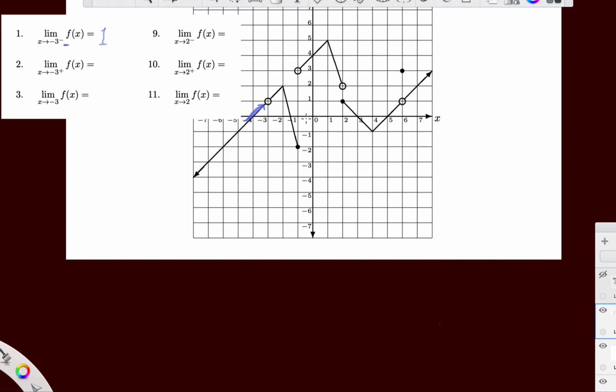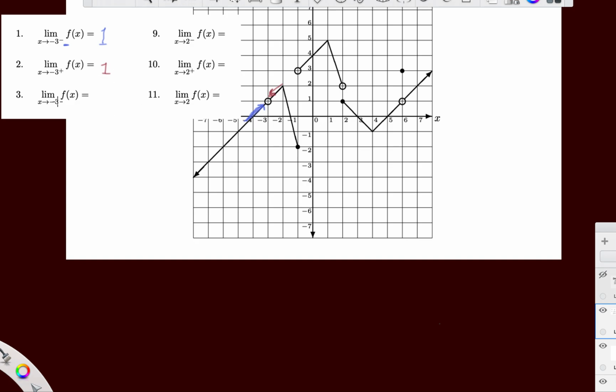Let's try that guy. And then right down here it says, as we're approaching -3 from the right side, from the positive side, we just follow the graph down this way. Sorry about that arrow. And it also looks like we're approaching 1. So we'll make the 1 here.